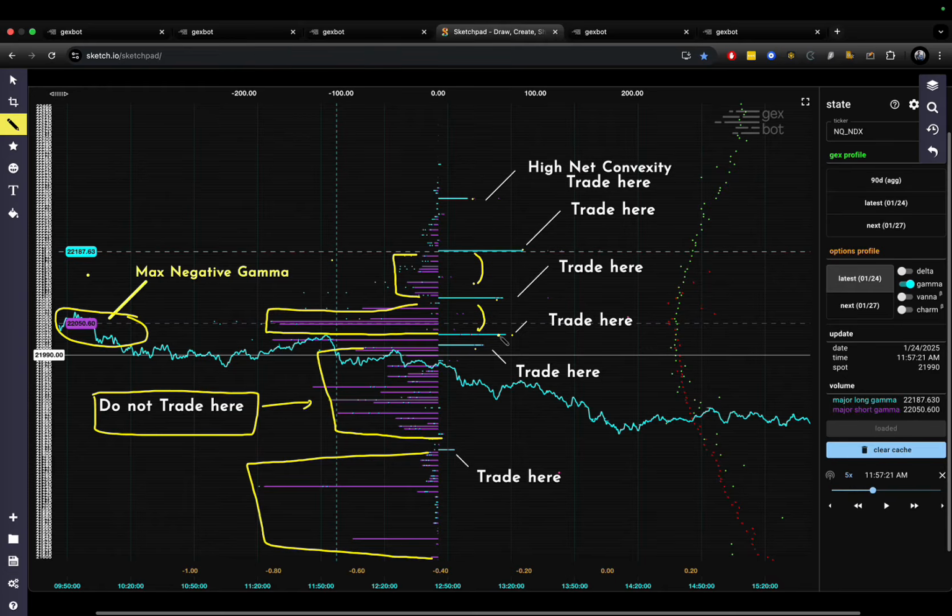What's important for us as futures traders is to know that I'm going to avoid trading in these areas, like between here and here, and I'm going to wait for the price to come to this high net convexity, or excess gamma, right?